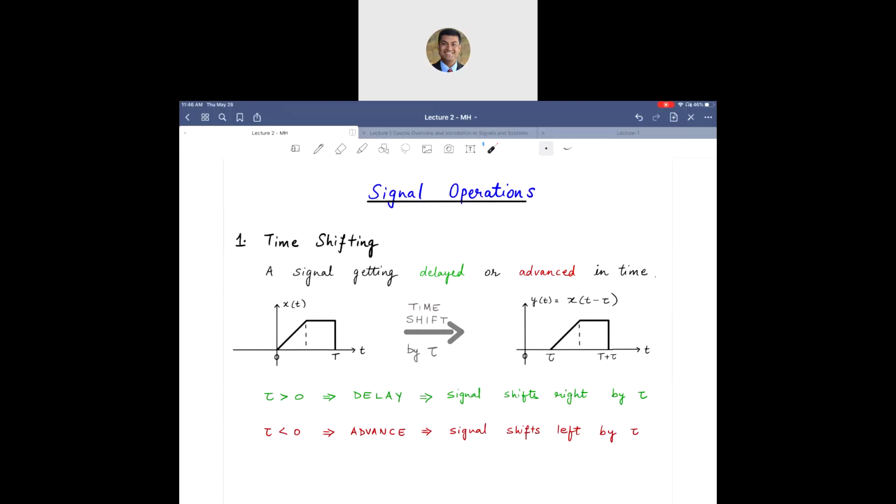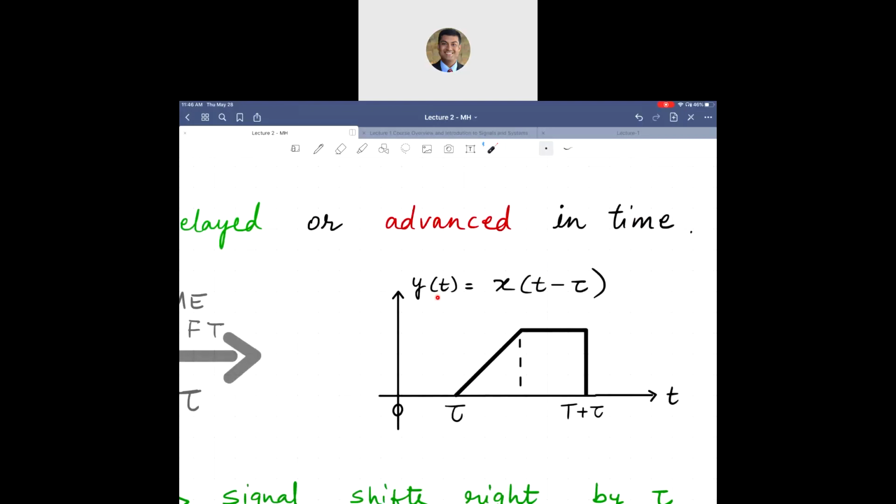So we have done a time shift by that amount of time tau. Whatever happens at 0 is now happening at tau. Whatever was happening at capital T is now happening at capital T plus tau, and so on. So y of t is the time shifted version of x of t.